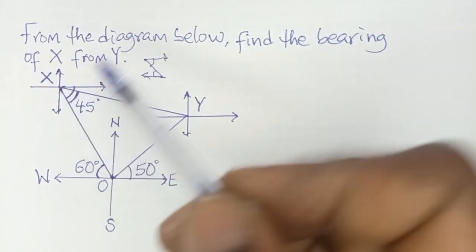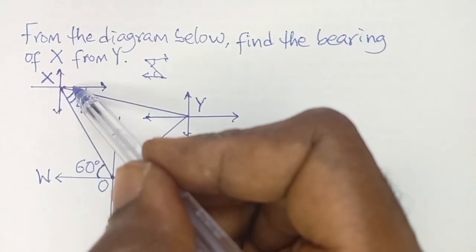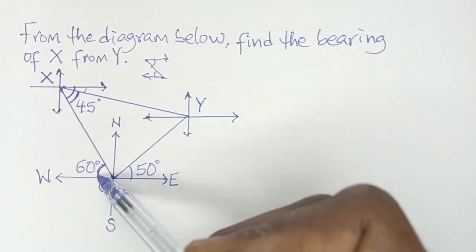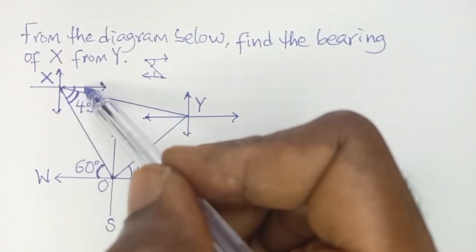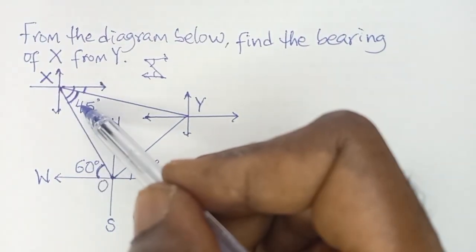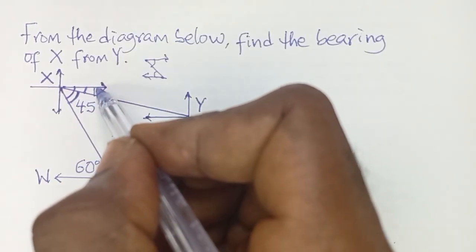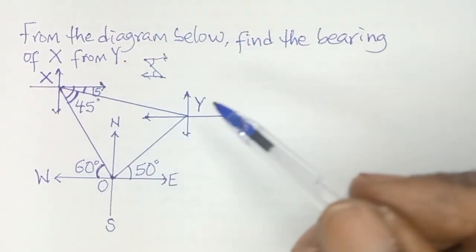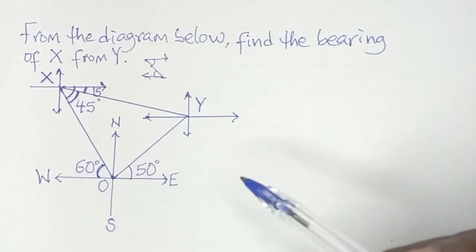Because the whole angle is 60, and alternate angles are equal, this remaining part will be 60 minus 45, and that will give us 15 degrees. This small angle here is 15 degrees.